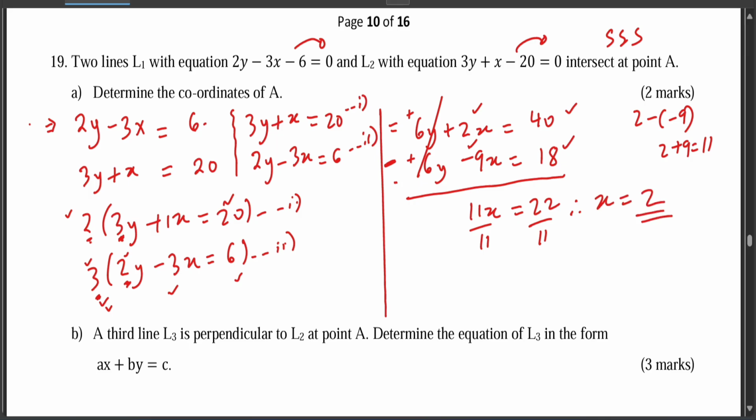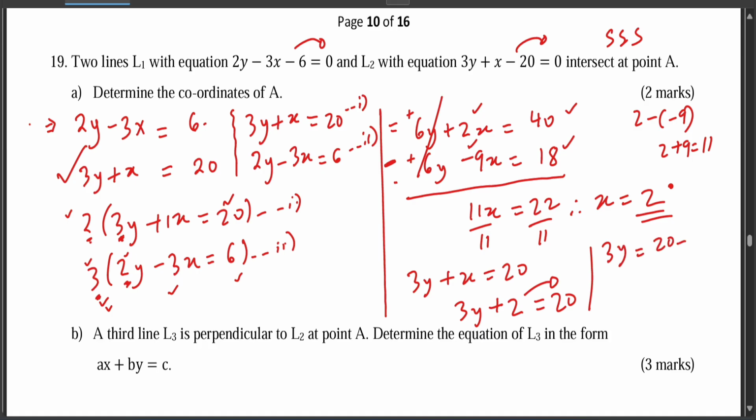For the value of y, use any equation. Let me take this one: 3y plus x is equal to 20. So 3y plus our x, which is 2, equal to 20. Move the 2 to the other side, so you'll get 3y equal to 20 minus 2, because positive 2 moving to the other side becomes negative.